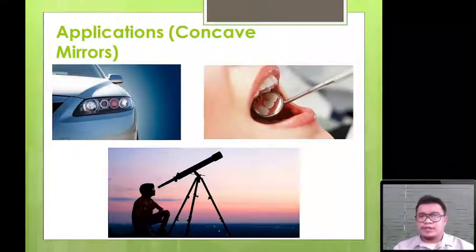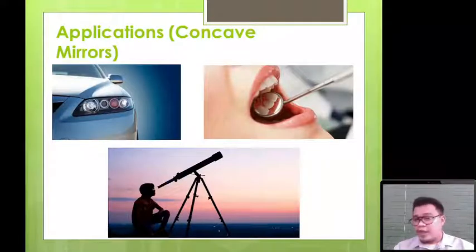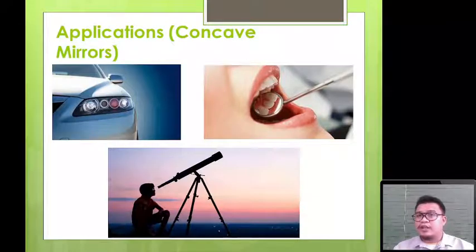Yes, that is a concave mirror because you need to magnify the image of your tooth in order for the dentist to see it clearly. And of course, for telescopes, we generally call them reflecting telescopes. Okay, so they are used in telescopes for astronomical observation. So those are just some of the common uses of these types of mirrors.